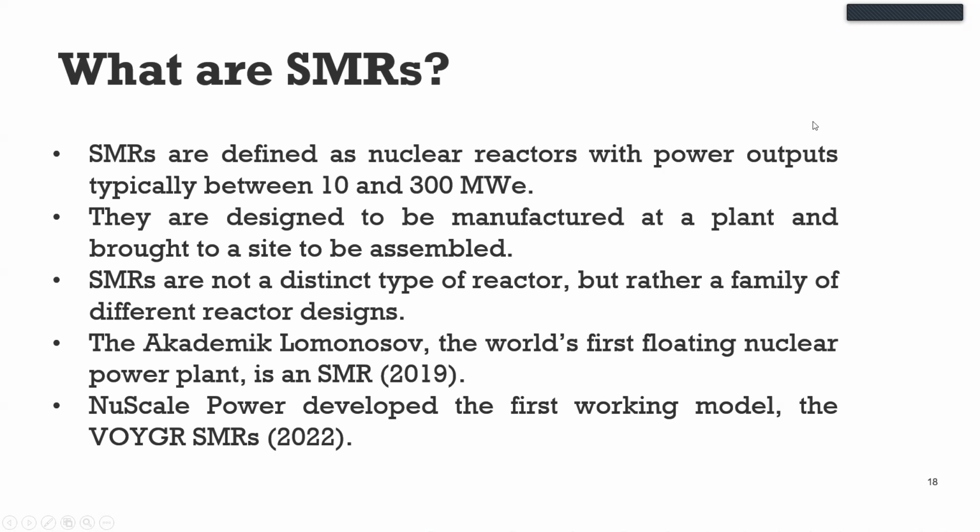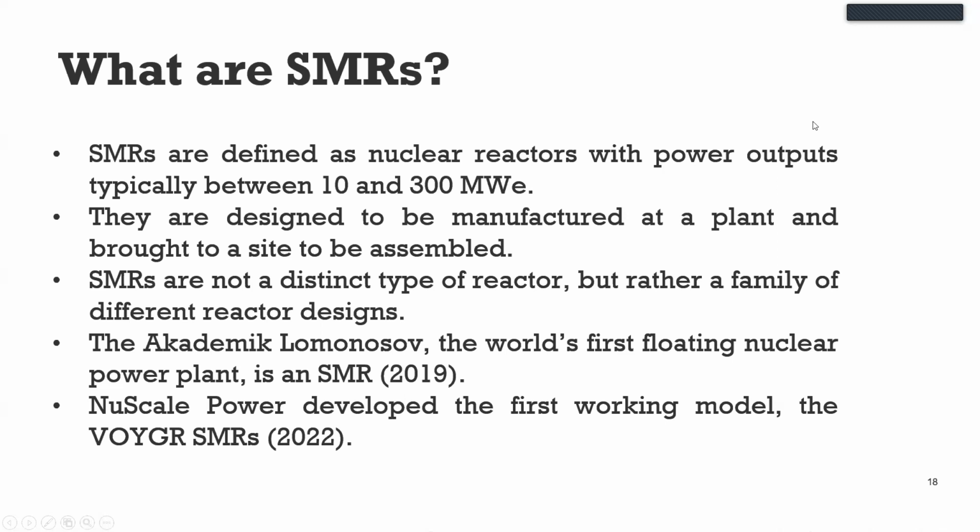This world's first floating nuclear power plant was commissioned in 2019. Also we have the one developed by NuScale Power in the United States of America, which is an onshore working model.